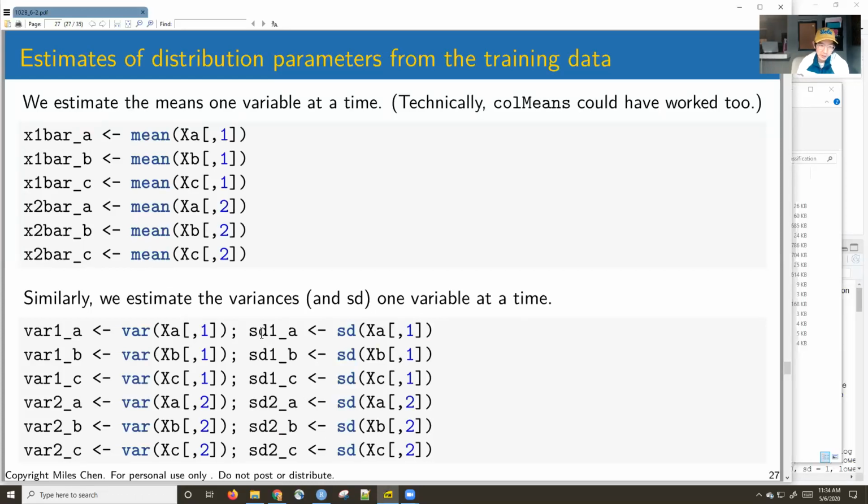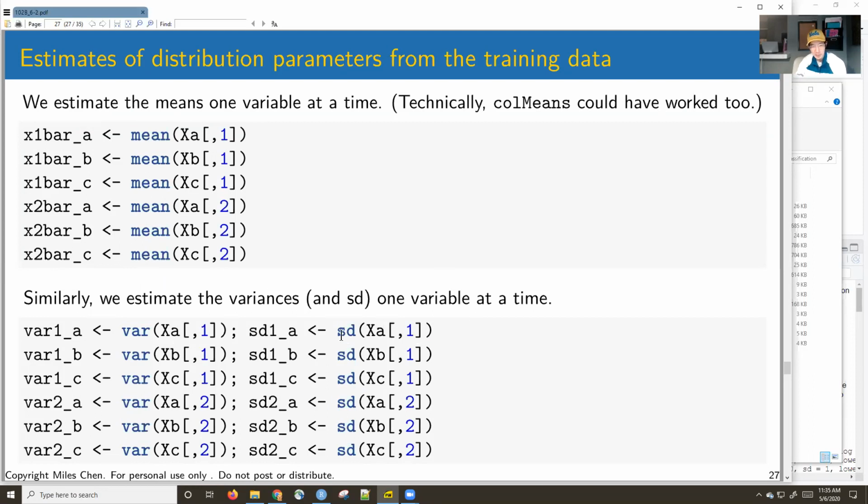For the variance and standard deviation, you technically only have to do one or the other. I originally did the variances, and then I realized dnorm in R uses standard deviations. But I had already used my variances in other places, so I ended up having to go back and create standard deviations. I could have just taken the square root of the variances.